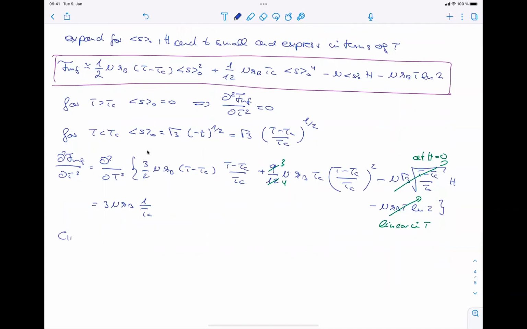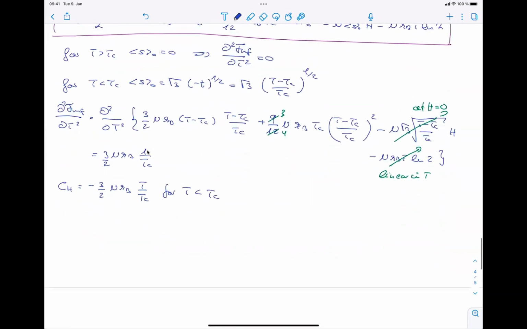So we find that the heat capacity is then given by minus 3 over 2 N KB T over TC below the critical temperature.